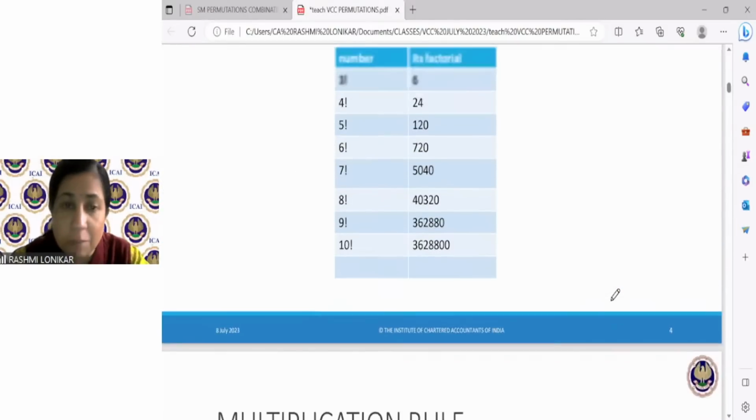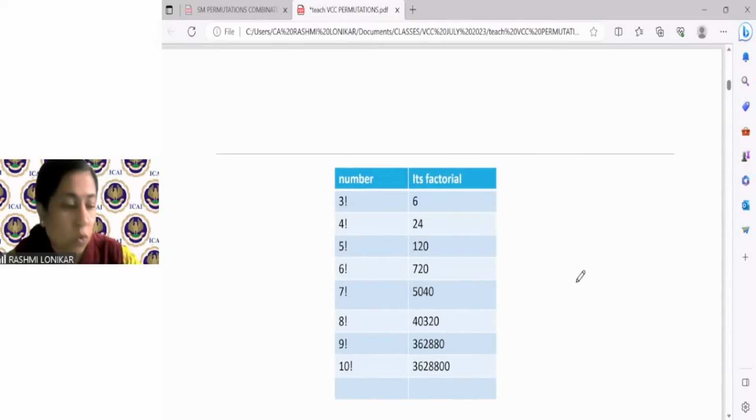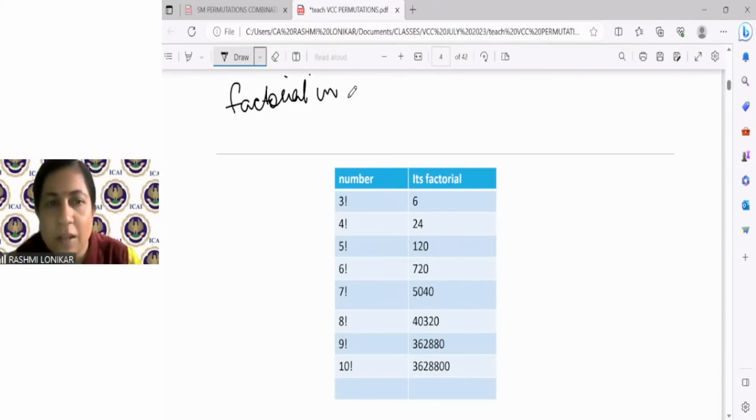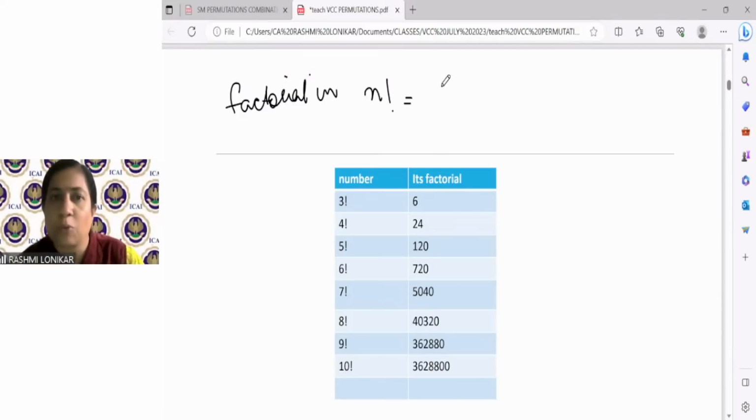Then a very important thing is what is called factorial in mathematics and statistics. So what is factorial? When I say n factorial, it means I start from the number 1 and go up to n, multiplying the numbers.